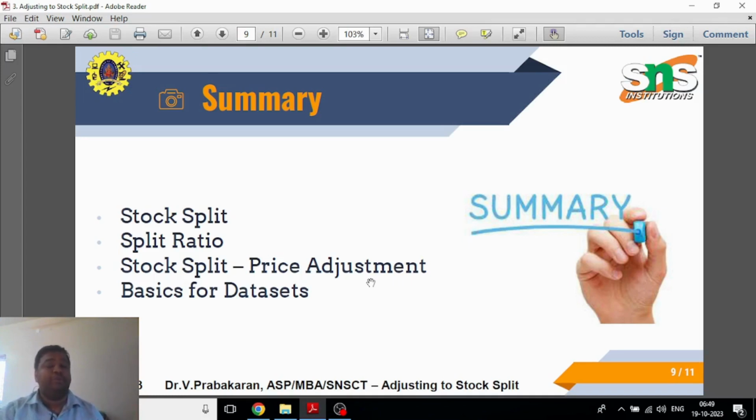So that is what a split ratio means. The last thing we have seen is stock price adjustment, theoretically how we can do the adjustment, right? Either we can multiply by the split ratio or divide by the split ratio so that we can bring the price down to a common level. That is what we have studied in the previous discussions.